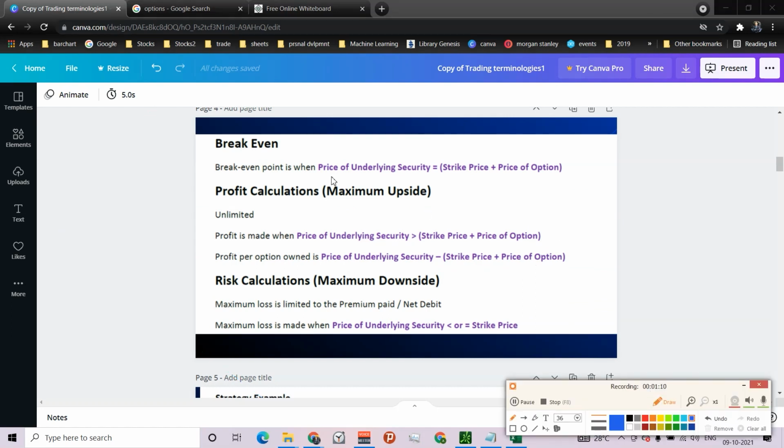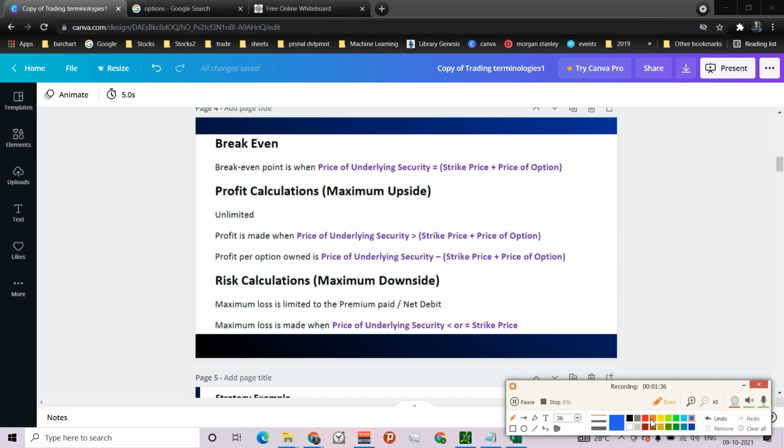We can look at the break-even point with a little bit of calculation here. The break-even point is when the price of the underlying security equals the strike price plus the price of the option. For profit calculations, the maximum upside, as we said, is unlimited, and the profit is made when the price of the underlying security is greater than the strike price plus the price of the option.